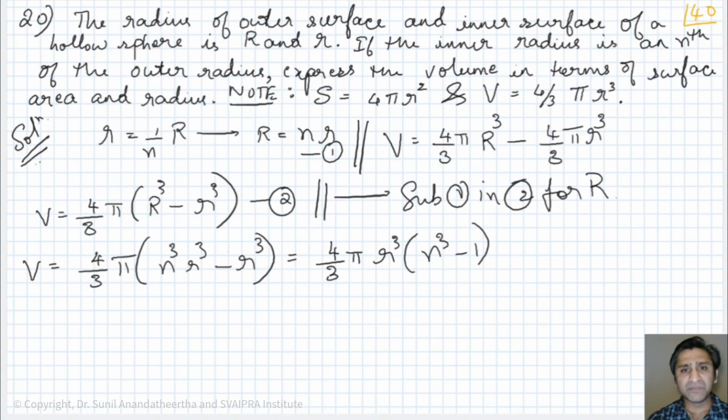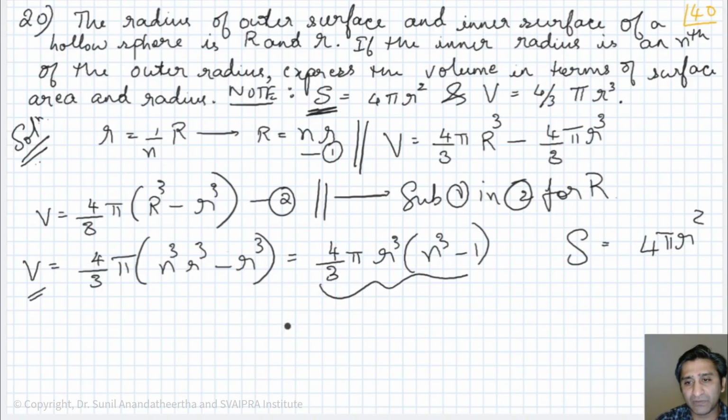It seems like an expression which we cannot simplify any further, but maybe we are near to the answer. Let's read the problem. Express the volume, that is this term, in terms of the surface area, which is this term. Now can we bring the surface area term inside this? If we observe closely, we have this 4, we also have the pi, and we also have r squared inside r cubed, which is r squared times r.